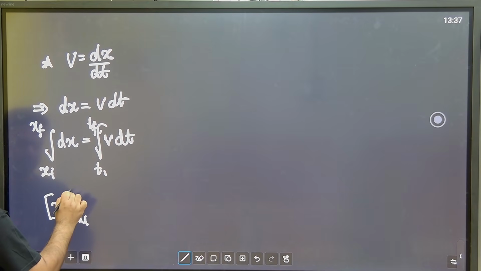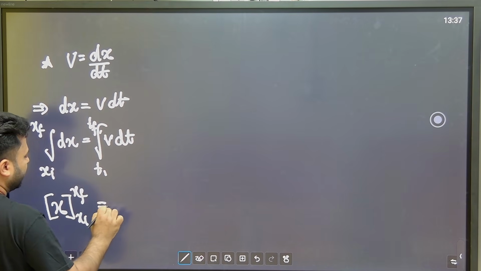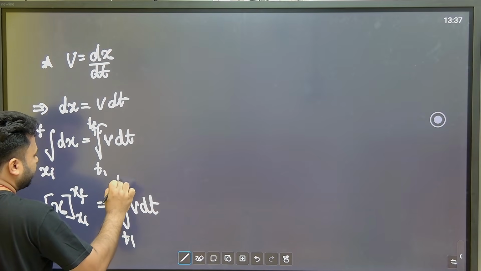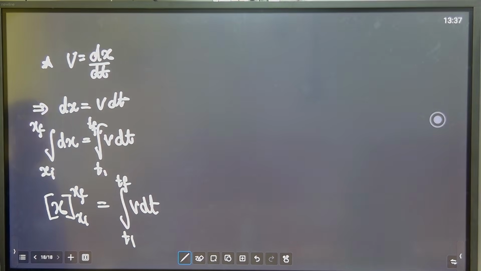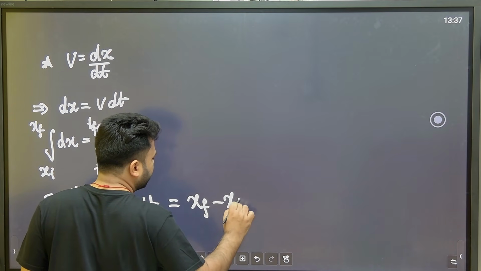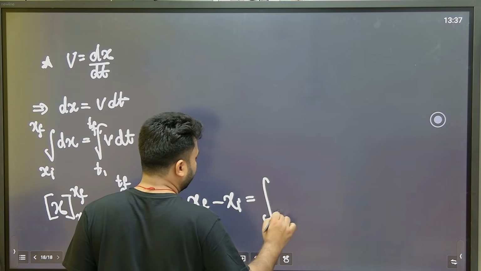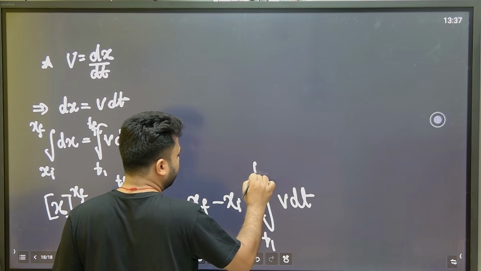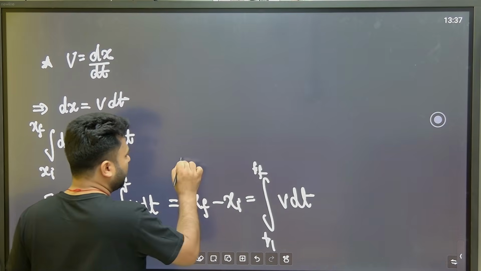So x final position minus initial position equals integration of v dt, t initial to t final. This formula is very important.